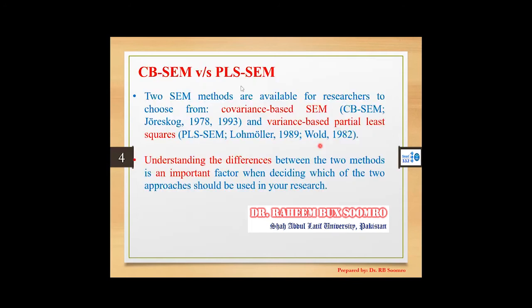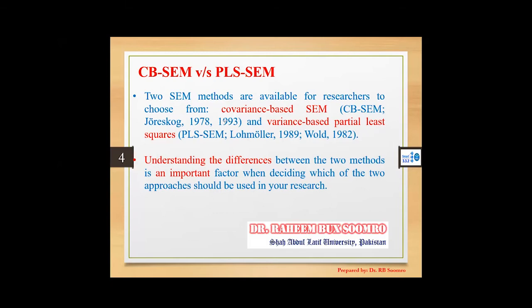Now I am discussing the difference between CB-SEM, the covariance-based structural equation modeling, versus PLS, partial least squares structural equation modeling. These are the two methods available to the researcher.